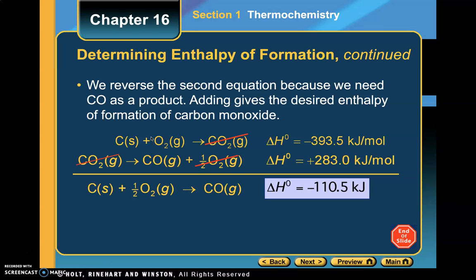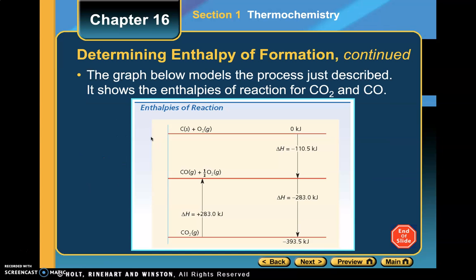I would encourage you guys to look through that in more detail on your own. This is just showing you the graph of what's going on here, right? And how we know that we've got a negative 393.5. So look, in this case, going from the CO2 up to the CO and 1/2 oxygen is going to require a positive 283 kilojoules.